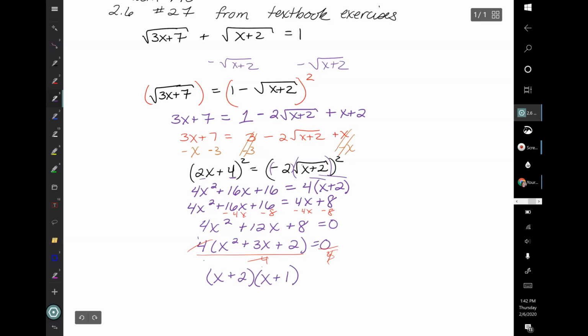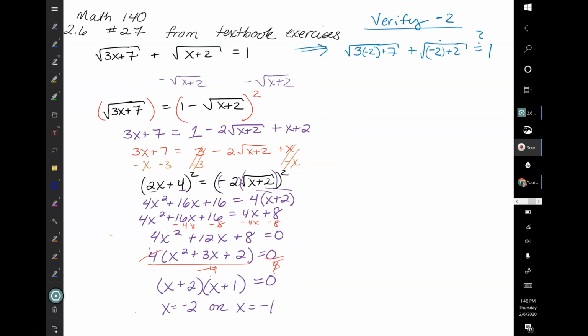Just double check. 2x in the middle plus a 1x gives me my 3x, so I'm good there. Set each factor equal to 0, and I get x equals negative 2 or x equals negative 1. Now be careful because you do have to verify, so I'm going to do that off to the right hand side there, and then you do it as well and check on how you do.